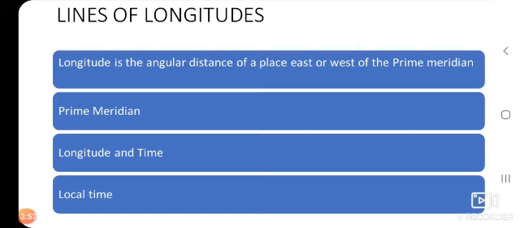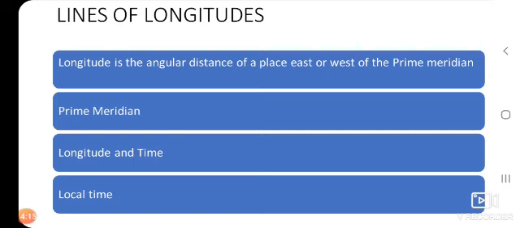These longitudes are also known as meridians of longitude, and these meridians converge at the poles and are thus of equal length.